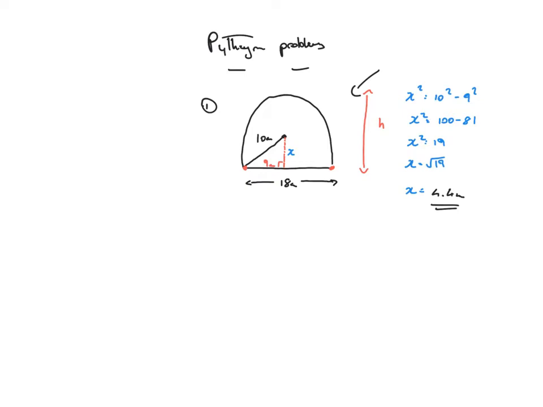So that means that this bit here is 10 centimetres. What I've worked out is that the bit x is 4.4 centimetres. So to find the full height, I would need to do 10 plus 4.4. And that will give me a final answer, which is 14.4 centimetres.